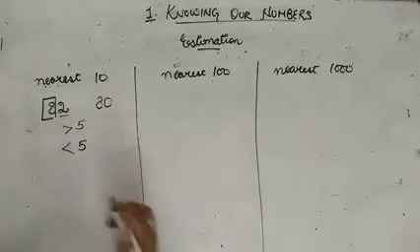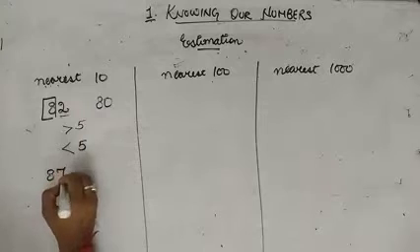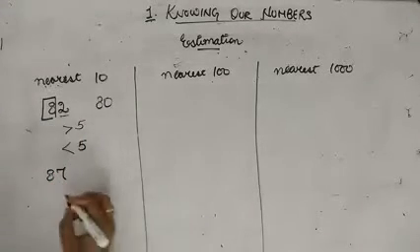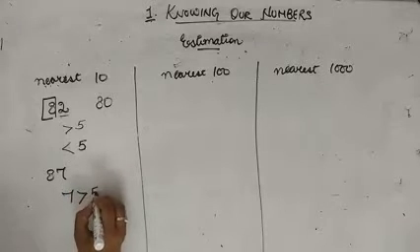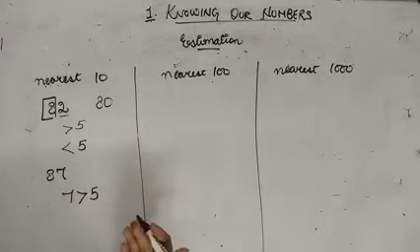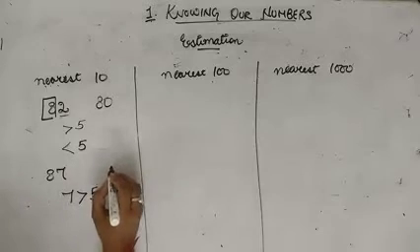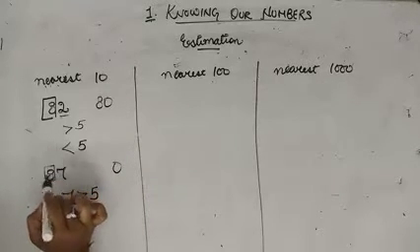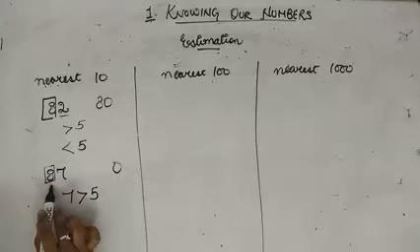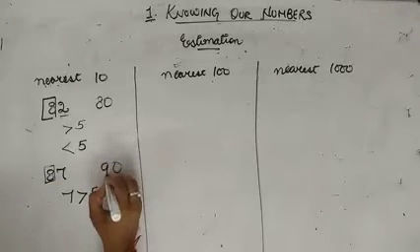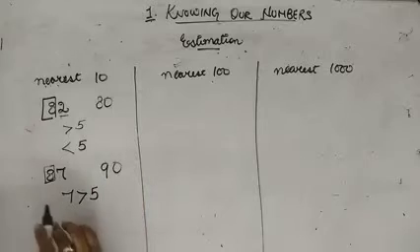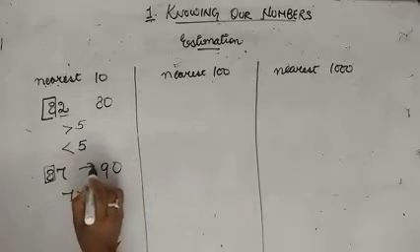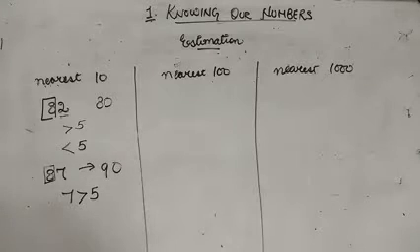Now let's say I'm taking a number 87. Now this last digit 7 is greater than 5. So now what will happen? Instead of 7, we have to write 0 only. But the digit at tens place will become 9. 8 will become 9. So the rounded off value will be 90.